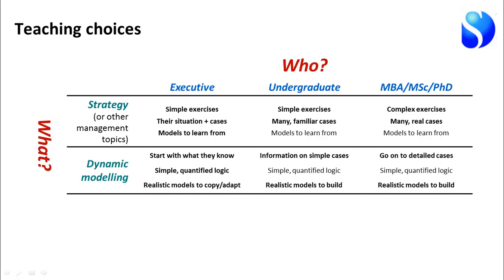So just moving on, if you're trying to get people to learn how to actually build models, then with executives, you've really got to start with what they know. And the kinds of things they know are, they know what an income statement looks like, they know what a balance sheet looks like, they know what a monthly sales success report looks like, they know what a spreadsheet looks like.